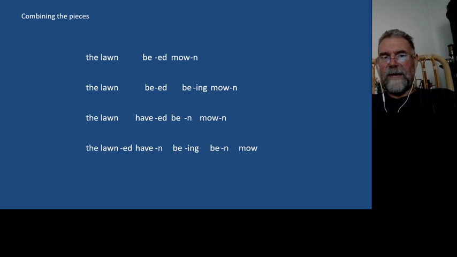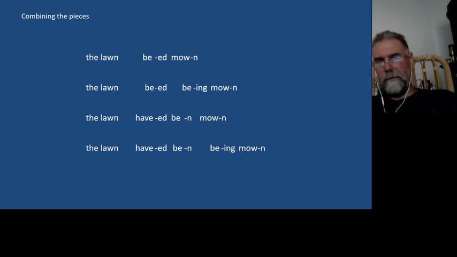Okay, so here we've got the passive be plus n, the progressive be plus ing, the perfect have plus n, and a past tense. And exactly the same thing is going to happen. All of the affixes hop backwards onto the following element, and we end up with the lawn had been being mown. It's not entirely clear when you would use such a sentence, but if you were going to use such a sentence, this would be how you would form it.